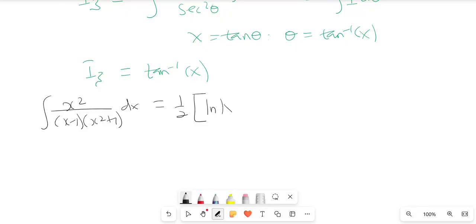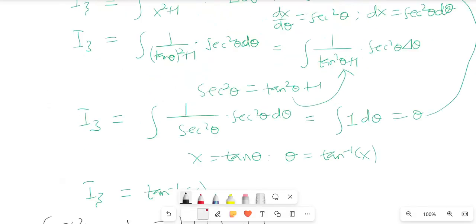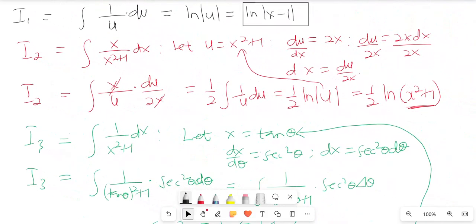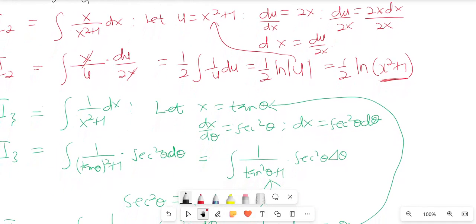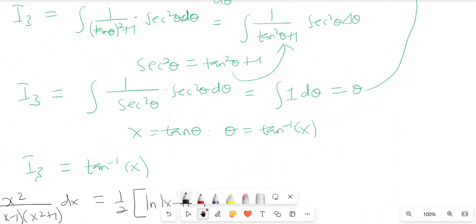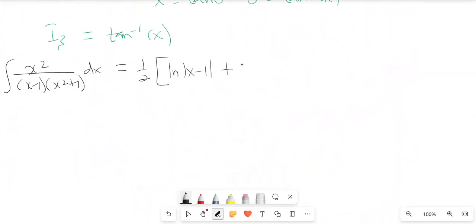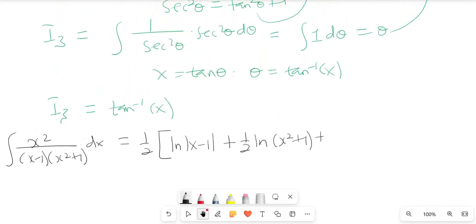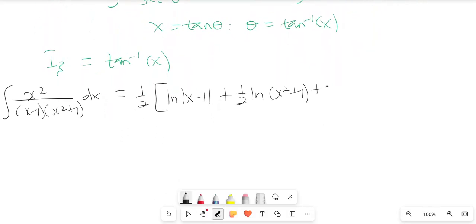I1 is natural log of x minus 1, plus I2. The answer for I2 is 1/2 natural log of x squared plus 1, plus I3. I3 is the arctan of x.